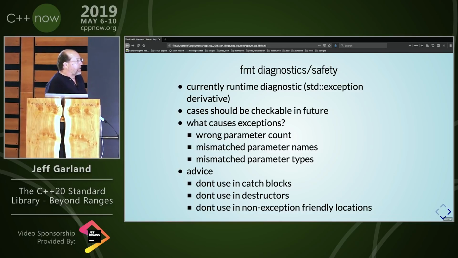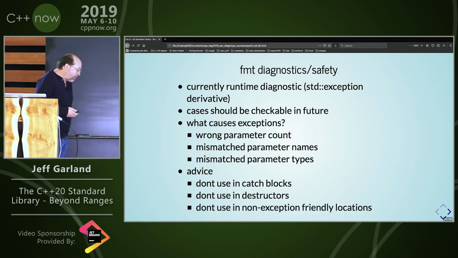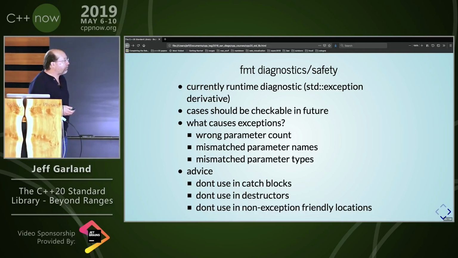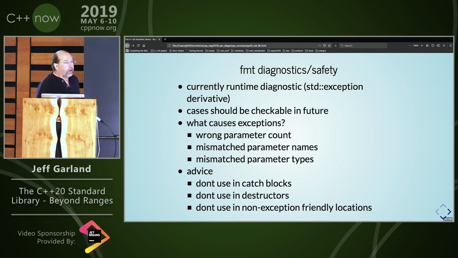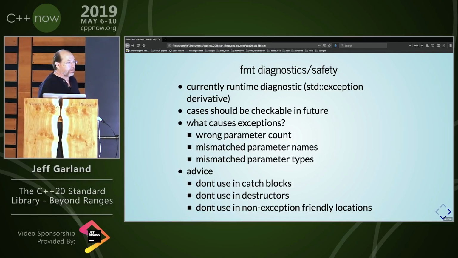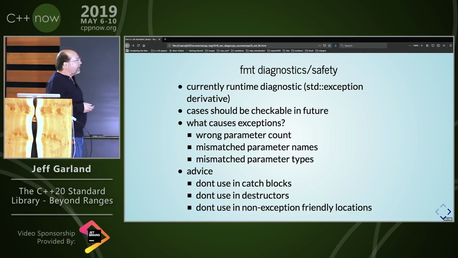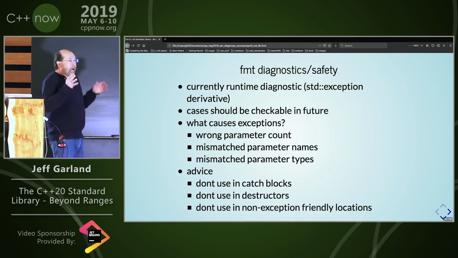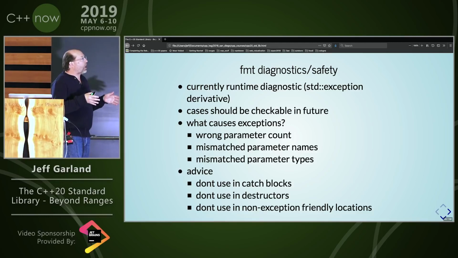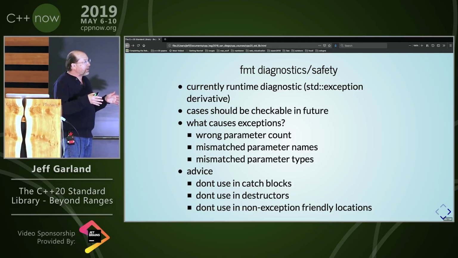So now let's talk about diagnostics and safety. So what can go wrong? Currently, all of the diagnostics here are runtime diagnostics, so they're exceptions. And in theory, if you write a const char star format string, you can imagine that that could be compile time checkable.